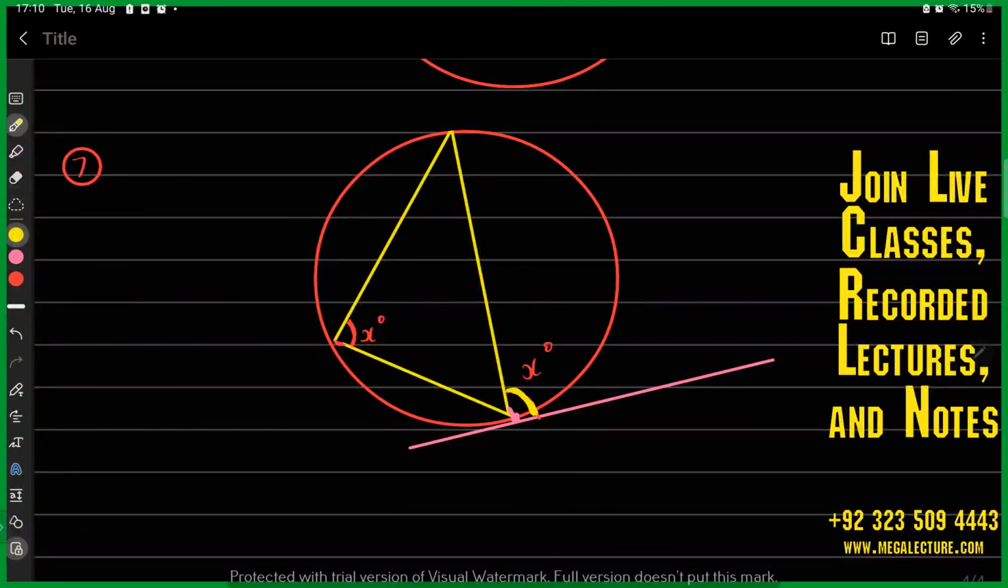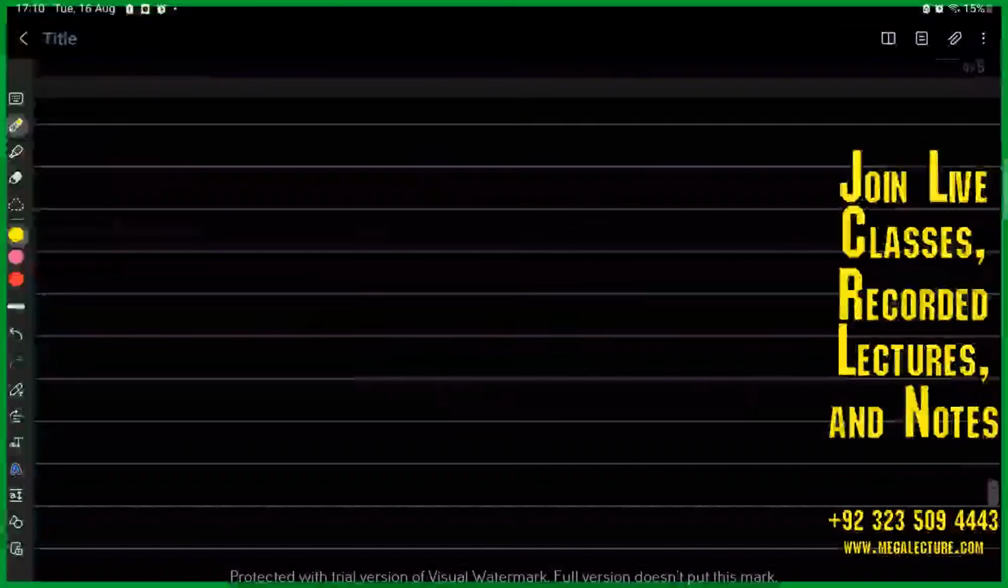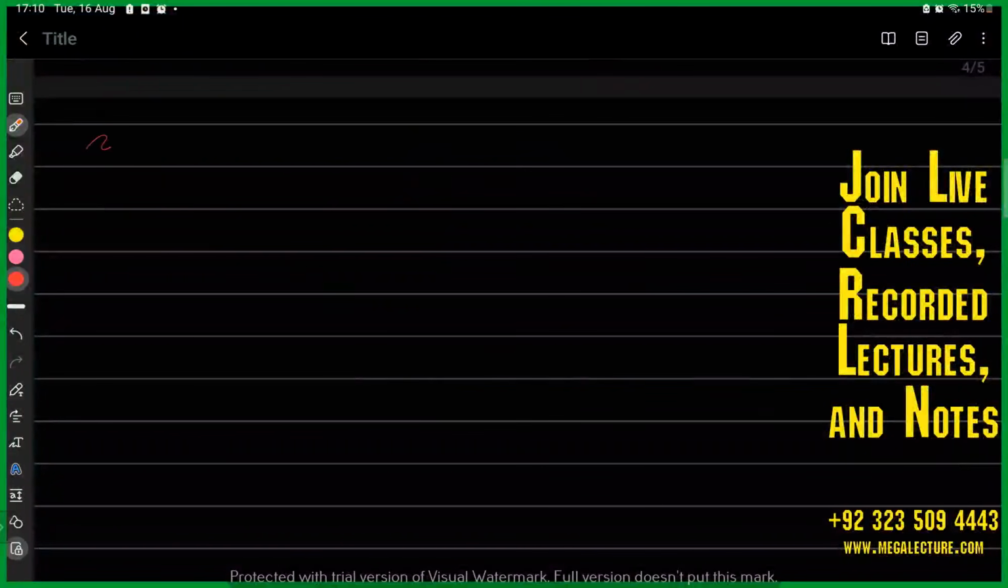So just know this, keep this in your mind. The next property is very, very important. This is basically the 8th property. And the 8th property is, so we have a circle.